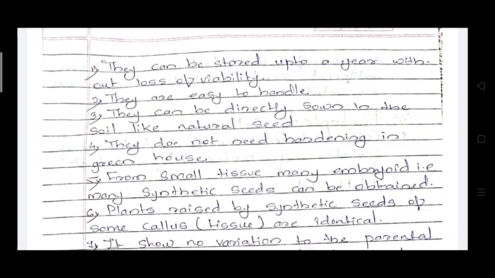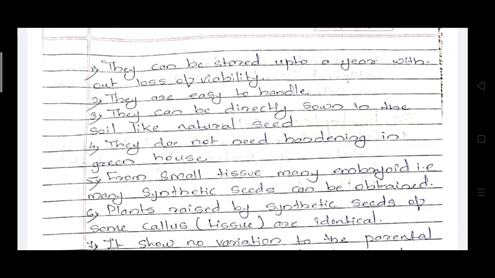But if we prepare the seeds by the methods of artificial seeds, these seeds remain viable for many years. Then they are easy to handle. They can be directly sown in the soil like natural seeds. They do not need hardening in a greenhouse.